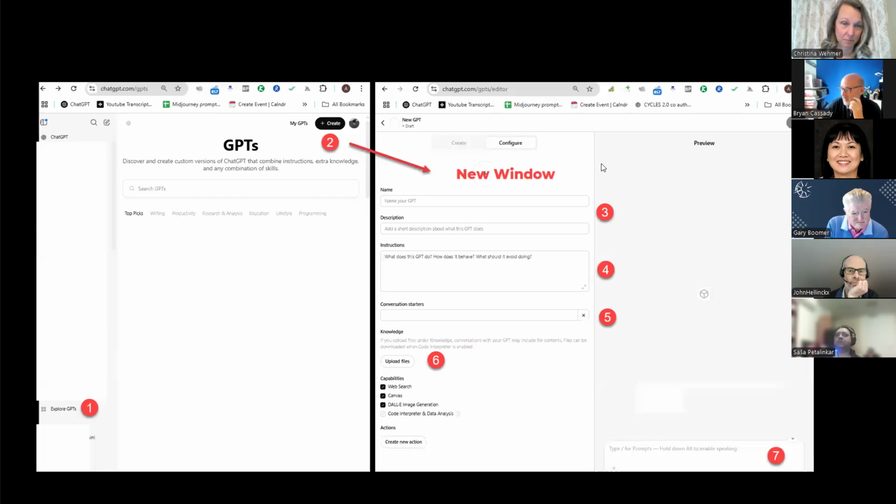So in fact, what I need to do is give it a name, give it a description, and say what it does. I can give it some conversation starters. I can upload some knowledge files. And at the end, I can test this out. Okay, so I didn't have the visual elements. I'm sorry. C'est la vie. Things happen that way.